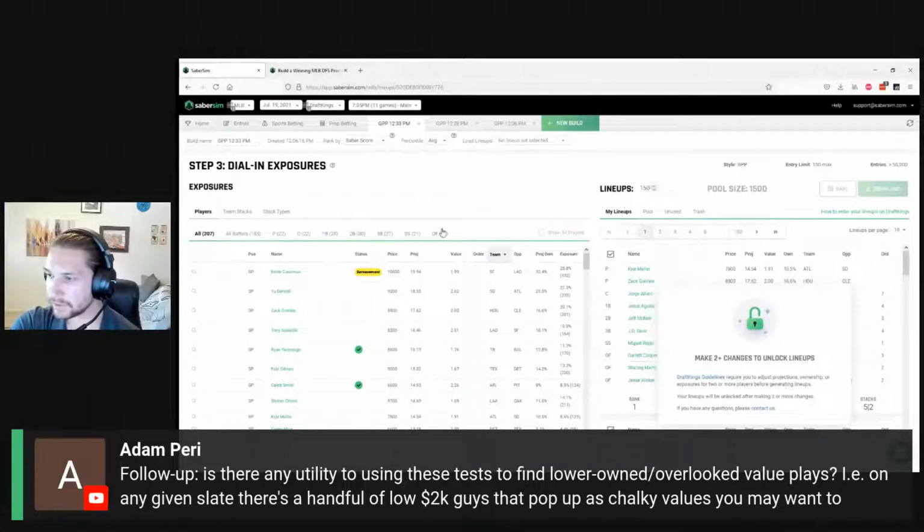What is also really useful is you can, in some ways, start treating this as a sample size at this point of 1,500, where you can just directly compare exposure to projected ownership and start to get an idea of where there is some leverage. Like if 32.4% of the field is rostering Gausman and he shows up in 28.8% of 1,500 lineups, by no means is this a big enough sample size that you could say that 28.8% is his absolute percentage of showing up as one of the optimal two pitchers, but it's a lot of lineups, and I think you're getting to that point.